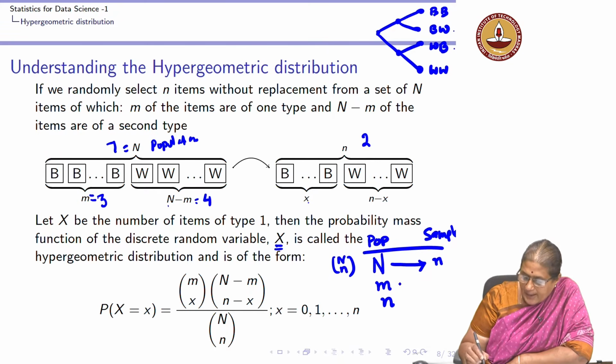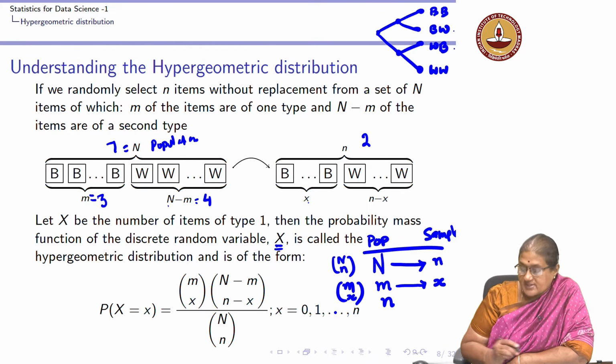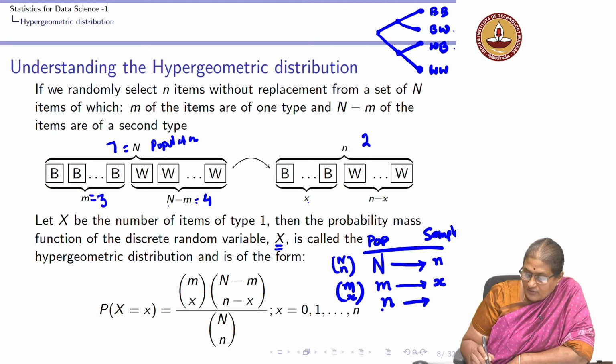Now, from this M, I am interested in knowing how many of type 1 there are. So I am choosing x from here, and this I can do in M choose x ways. Now, I have to choose the remaining ones. If I am choosing x of type 1, n minus x is chosen of the second type.